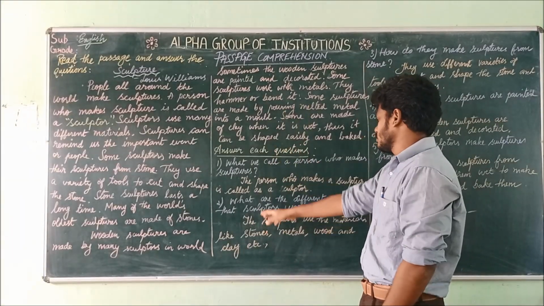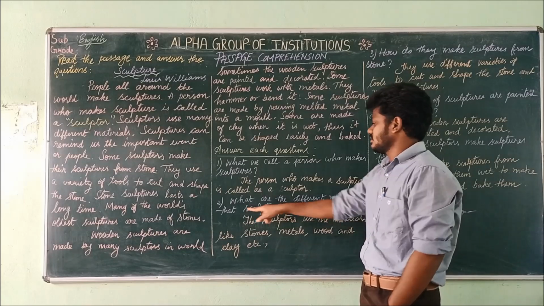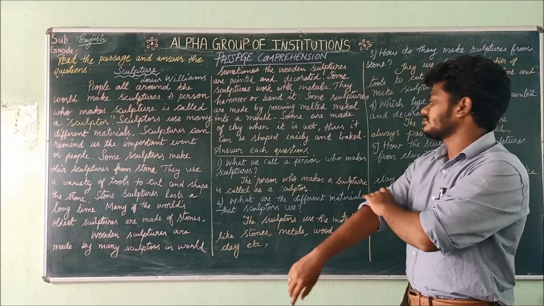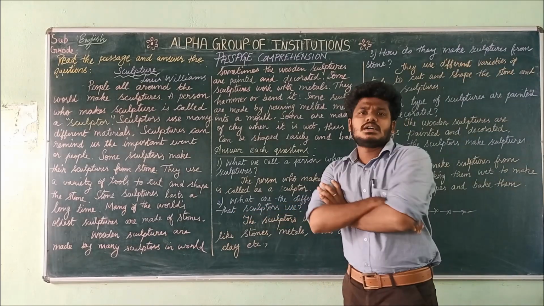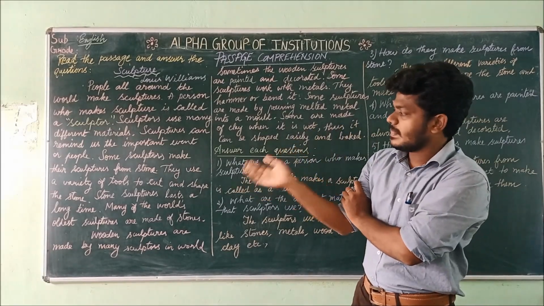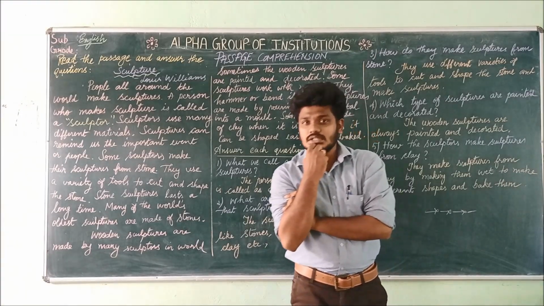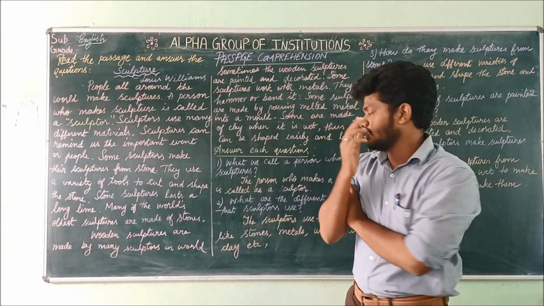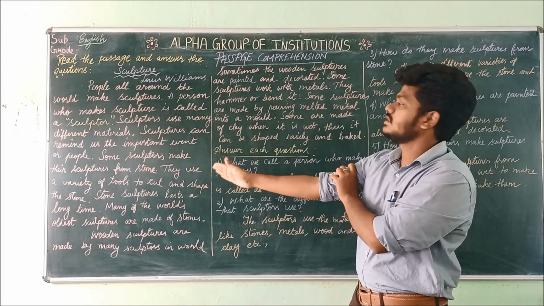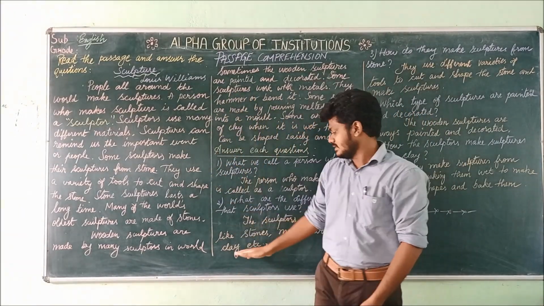Clear? Have you understood? Yes. Now let's move on to the next question. What are the different materials the sculptors use? This question, most probably you will be answering the same. What are the materials the sculptors use to make sculptures? Anybody knows? Yes, it's already given in the passage. You have to just recall the passage and we are going to write the answers.